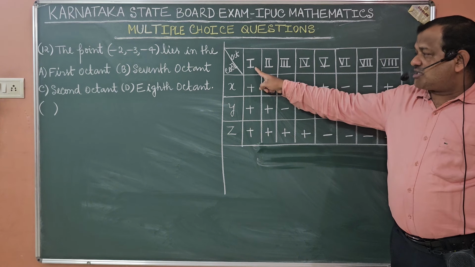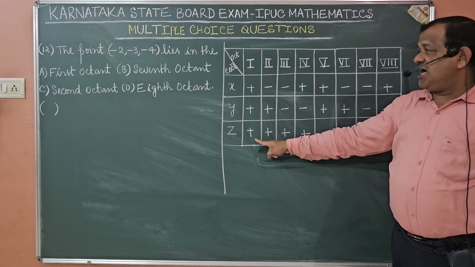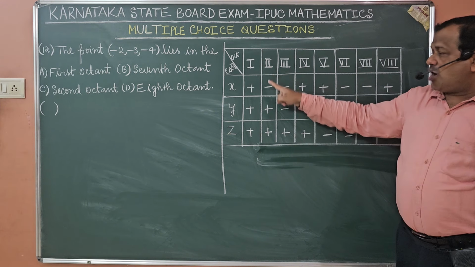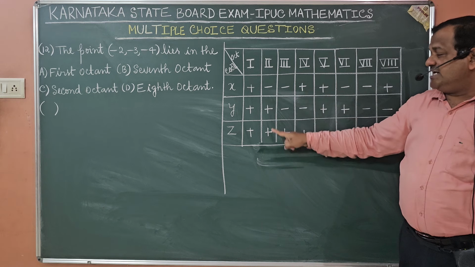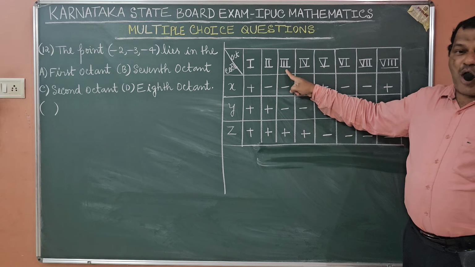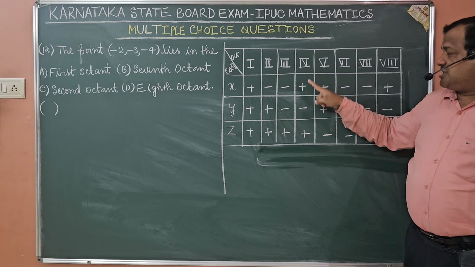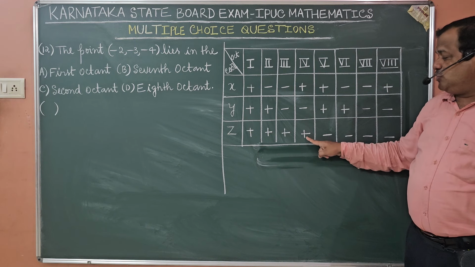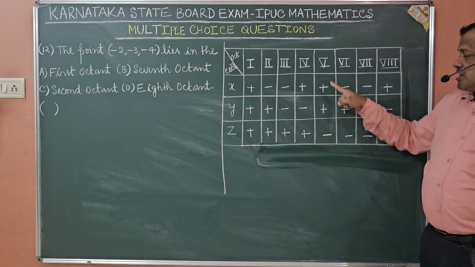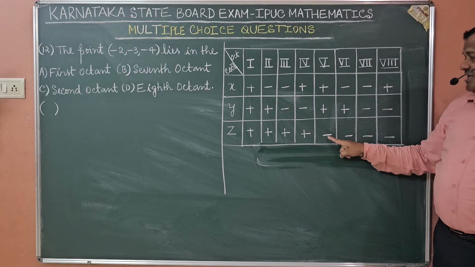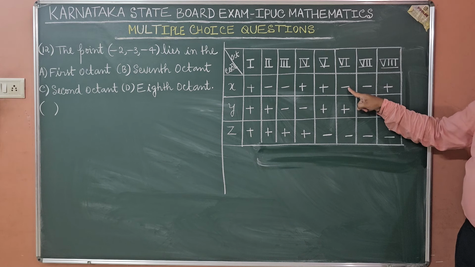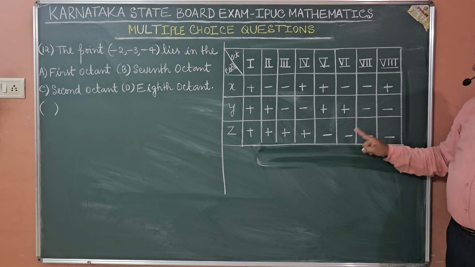In the first octant all x, y, z are positive. In the second octant x is negative, y and z positive. In the third octant x and y negative, z positive. In the fourth octant x positive, y negative, z positive. In the fifth octant x and y positive, z negative. In the sixth octant x negative, y positive, z negative.